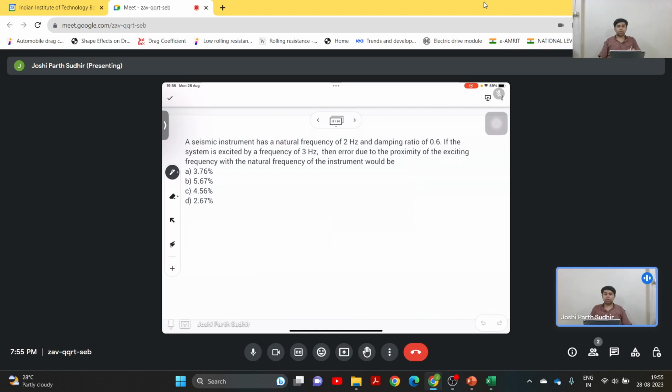So let us move on to our next question. A seismic instrument has a natural frequency of 2 Hz and a damping ratio of 0.6. So it is given that omega n is 2 Hz, and omega, which is the frequency of excitation, is 3 Hz.